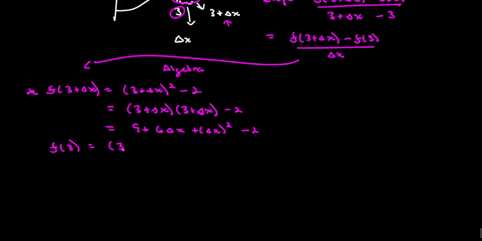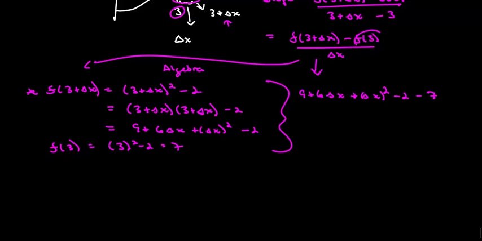And of course, f at 3 we already figured out up top. It was 3 squared minus 2, which is 7. So we've got that first guy, f at 3 plus delta x, which we came up with 9 plus 6 delta x plus delta x squared minus 2. And then we have to subtract off f at 3, which is 7.